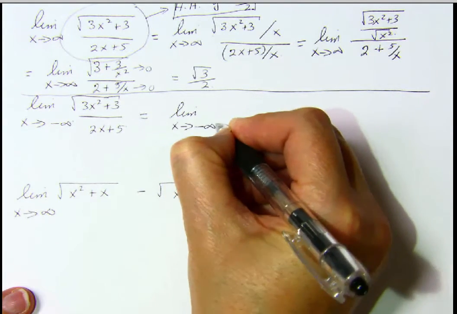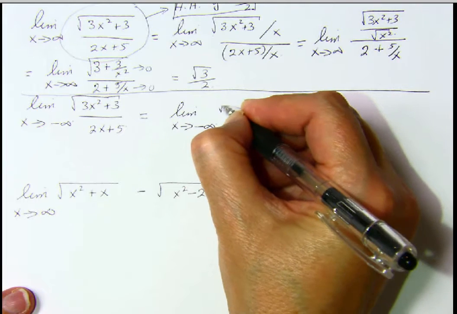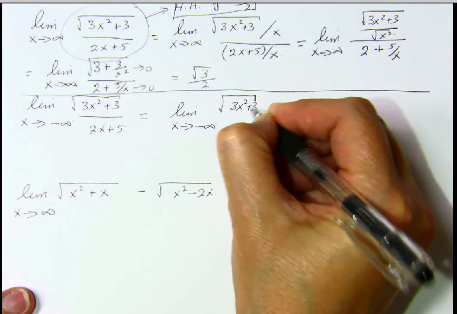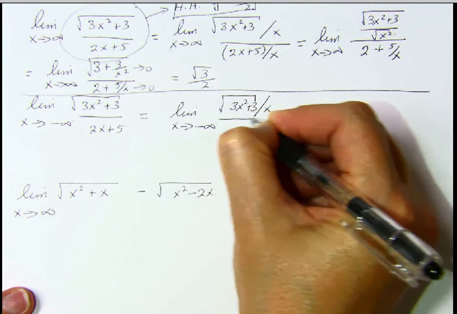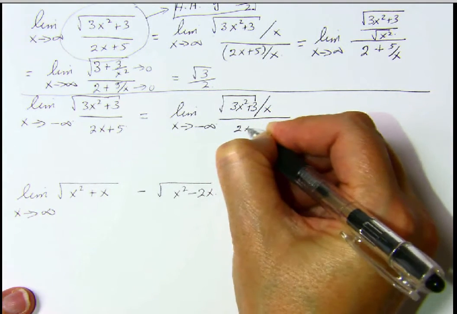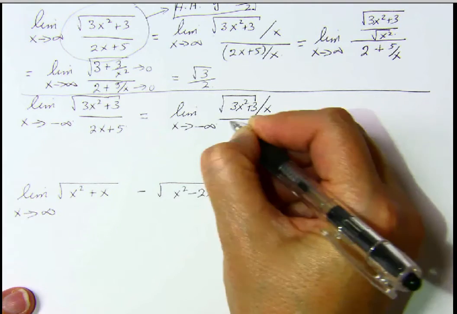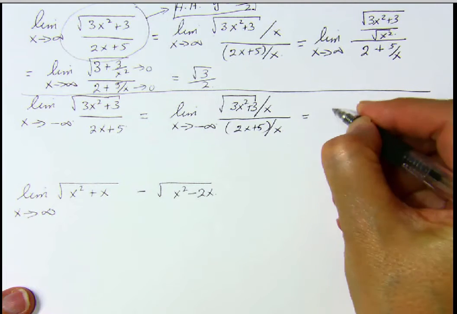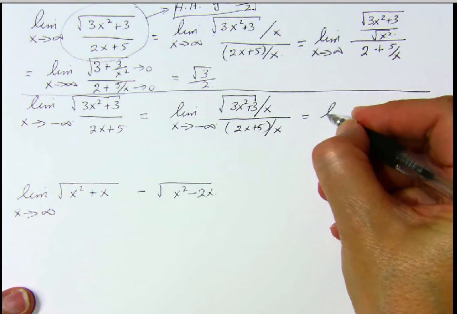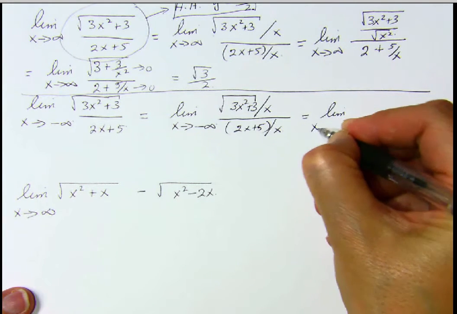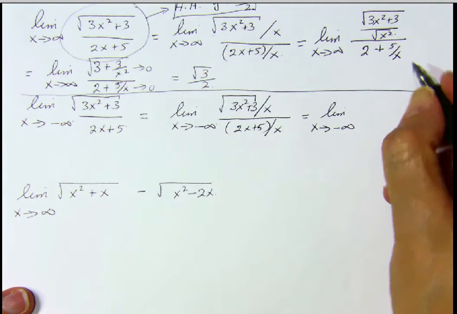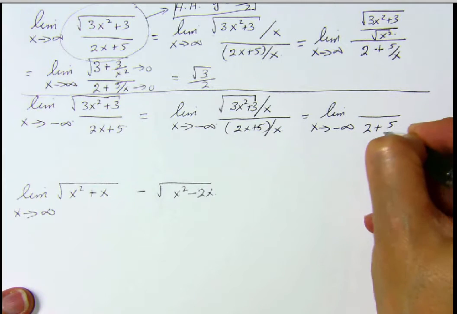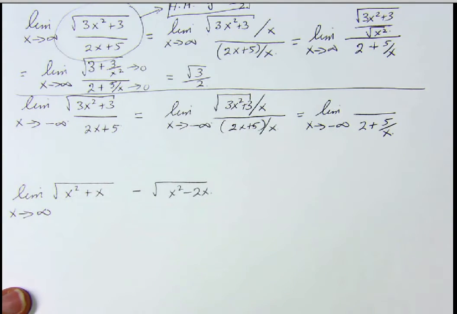And as x approaches negative infinity, this limit is the same as the limit of 3x squared plus 3 divided by x over 2x plus 5 divided by x. And now the denominator is easy to take care of. This is the limit as x approaches negative infinity of 2 plus 5 over x in the denominator.